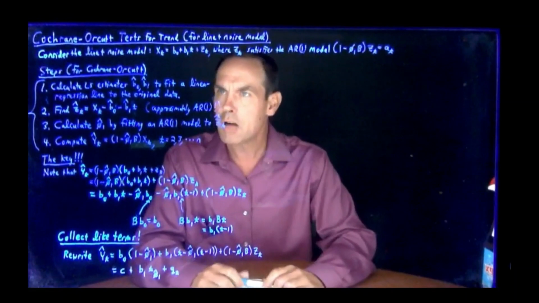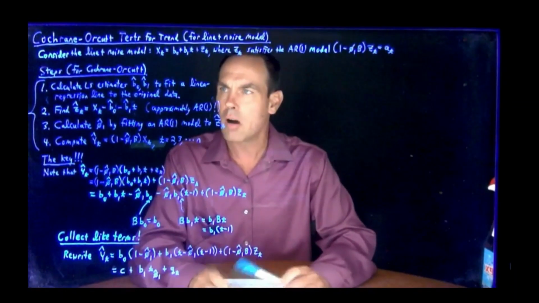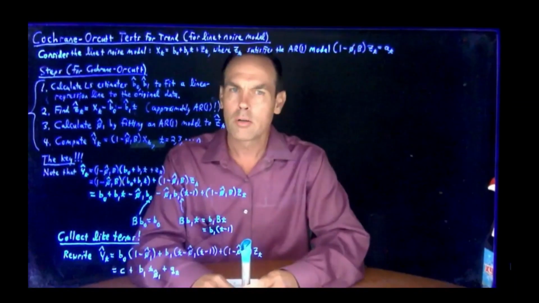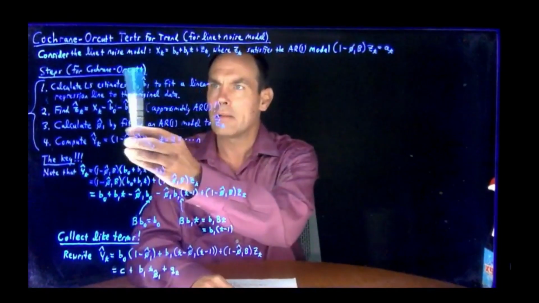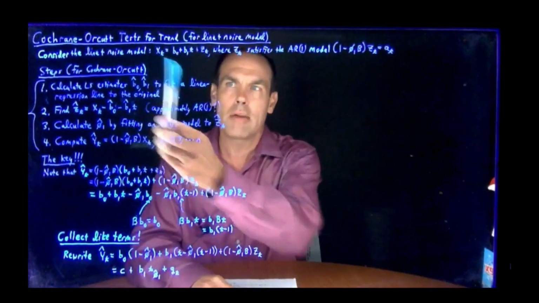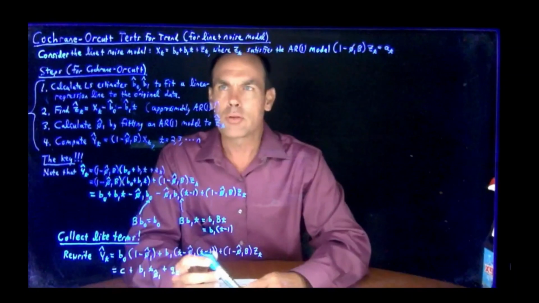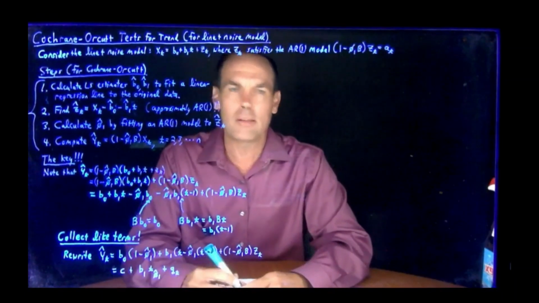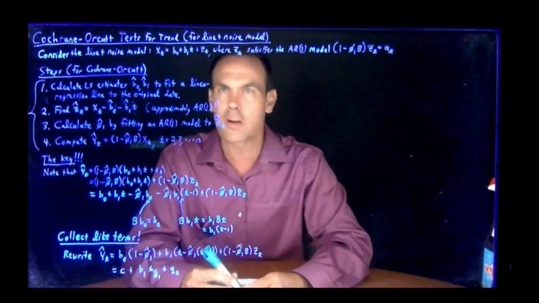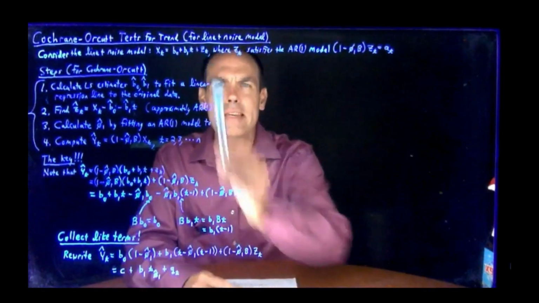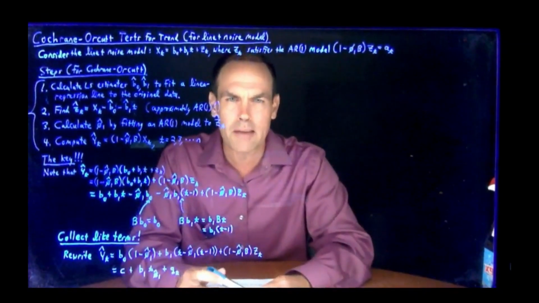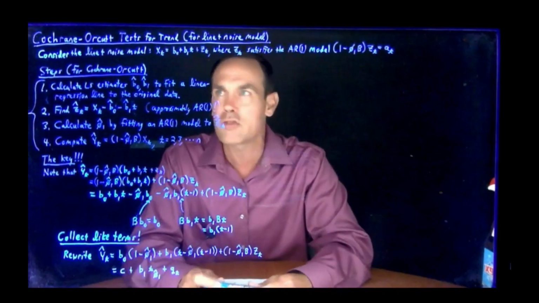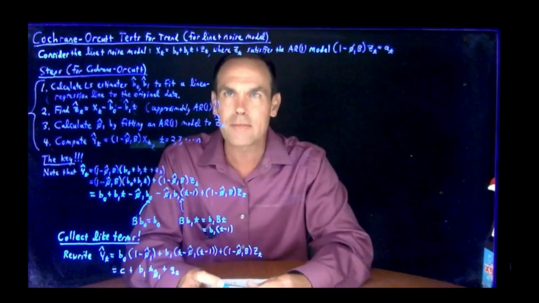The steps for the Cochrane-Orcutt test are, first of all, we want to consider a line plus noise model. X sub t equals B0 plus B1 t. There's our friendly line from long ago that you learned. Plus some Z of t. Well, now that we've studied time series for a while, we're in chapter 8 now, we know what Z of t is all about.